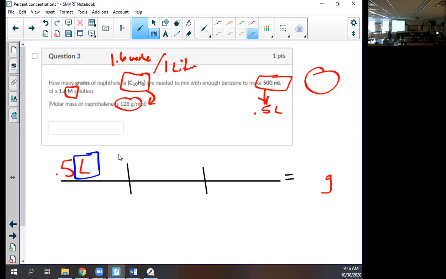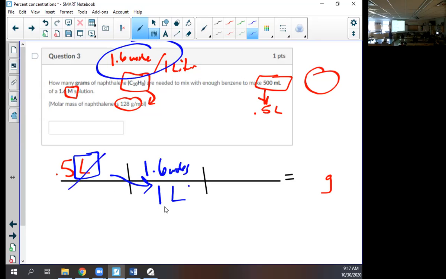One more time, where does this unit always go? Diagonally down, down and over, right there, under. For every 1 liter, what is it tied to? 1.6 moles. Thank you, everybody.